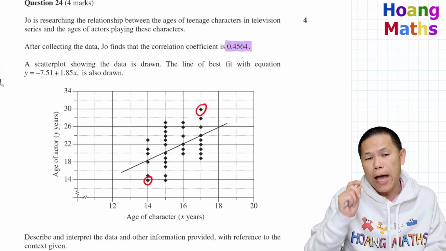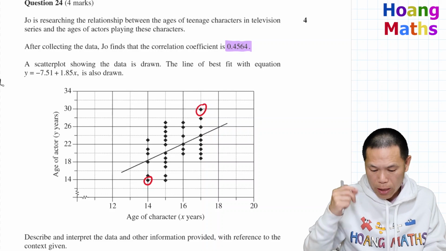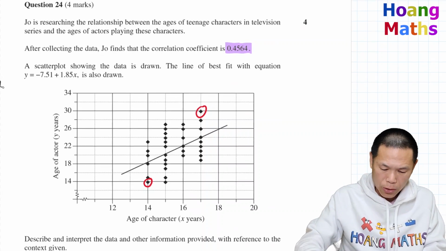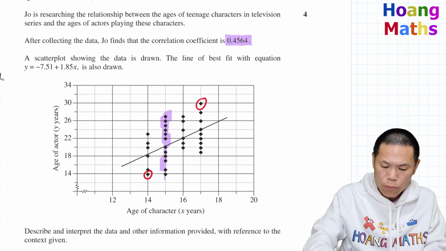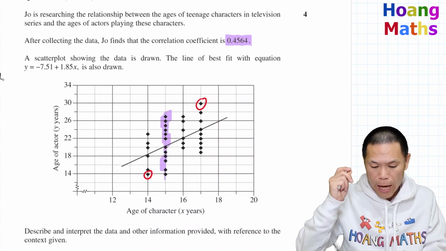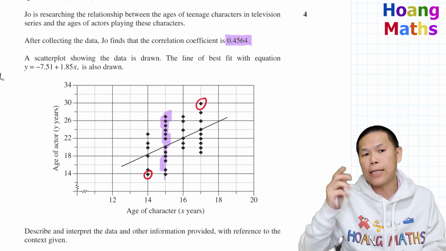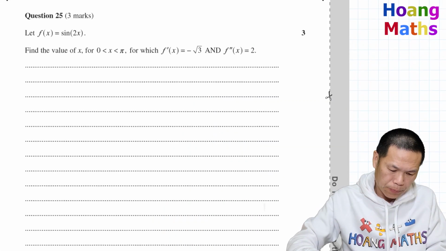This means that the age of the actors doesn't have to be matched with the age of the characters. Keep that in mind. Or you can mention this group: a lot of characters are at the age of 15. These are some sample answers for you. Keep that in mind.